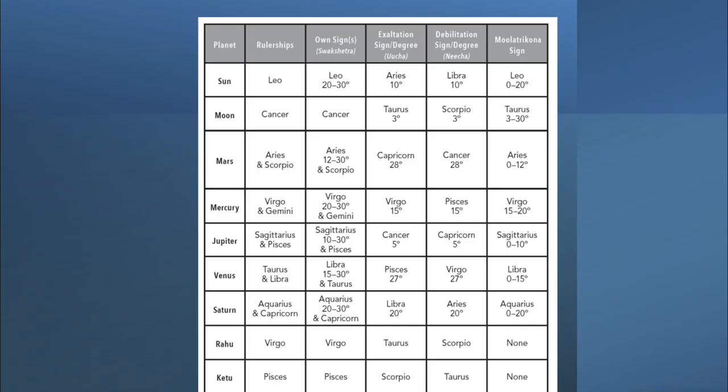That's why sun is the lord of Leo, which is a male rashi, and moon is the lord of Cancer, which is a female rashi. All other five planets are lords of one male rashi and one female rashi. So this was about the rulership of the various planets.